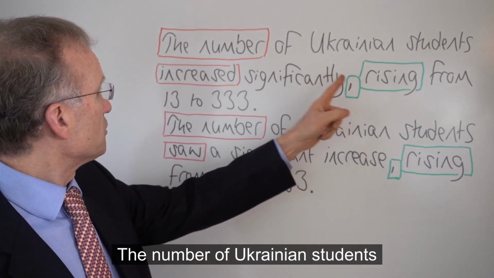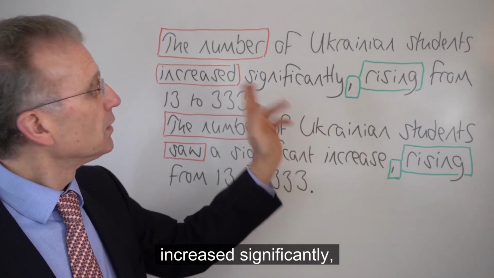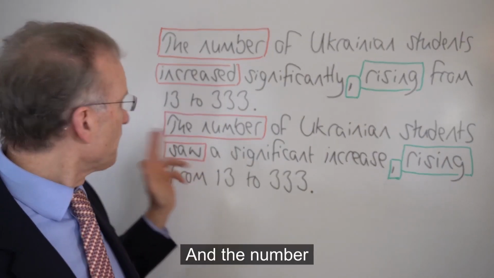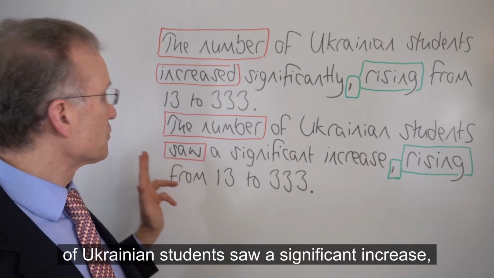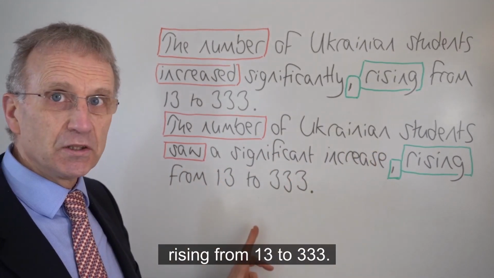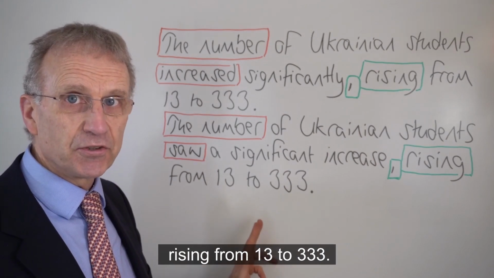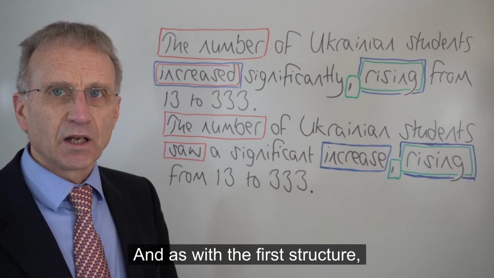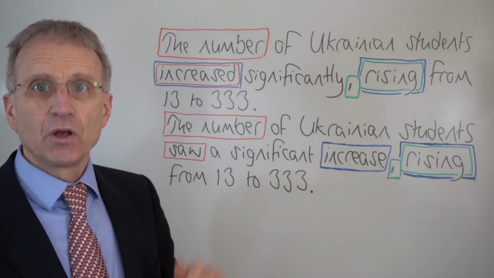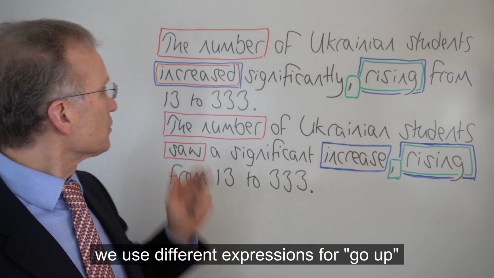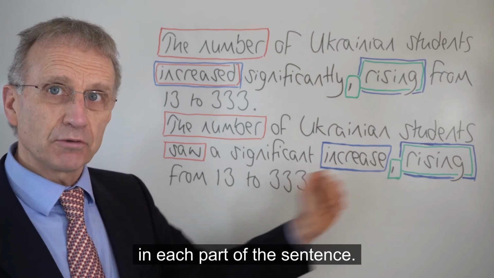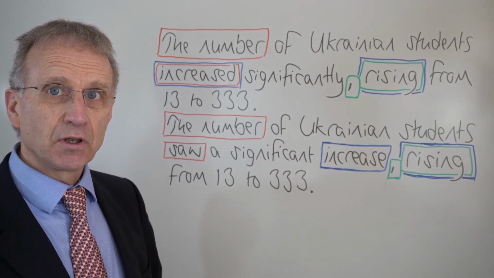The number of Ukrainian students increased significantly, rising from 13 to 333, and the number of Ukrainian students saw a significant increase, rising from 13 to 333. And as with the first structure, we use different expressions for go up in each part of the sentence.